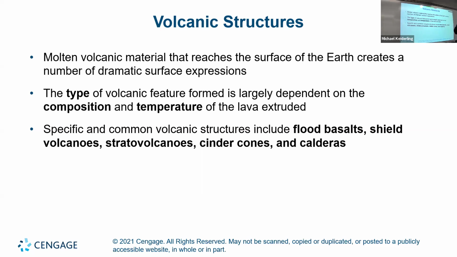When you think of the big conical volcano that everyone thinks of when they think volcano, that's a stratovolcano. Cinder cones are small structures formed primarily of cinders. They're formed from tephra piled up. They can form very quickly. And calderas happen when the magma chamber empties out and collapses.